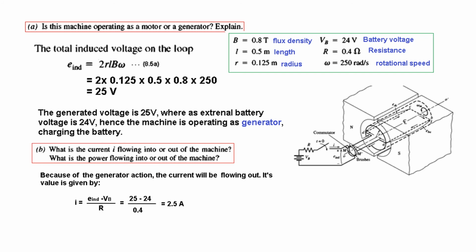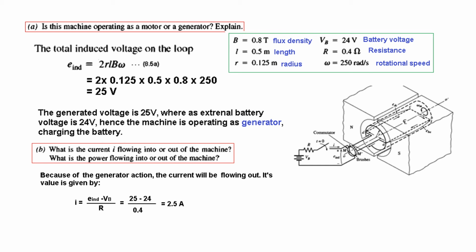So by Ohm's law, I is E induced minus VB divided by R. Because of the generator action, the current will be flowing out, because this voltage is 25. And so from this formula, E induced 25, VB 24, R 0.4. So current out of the machine is 2.5 ampere.